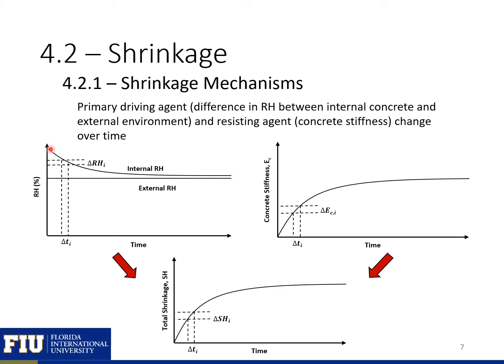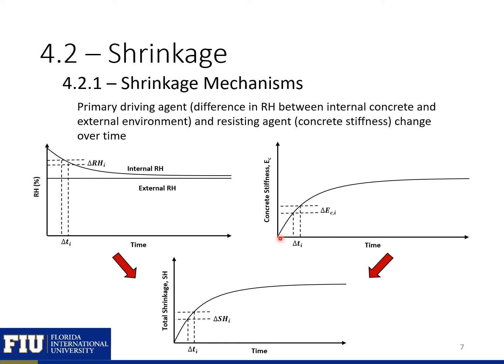Essentially, the concrete wants to equilibrate with the external relative humidity or the environment. So this internal relative humidity wants to decrease to the level of the external relative humidity. So this is going to be driving that pore water pressure that we looked at in the previous slide.